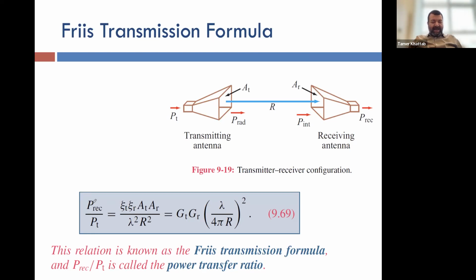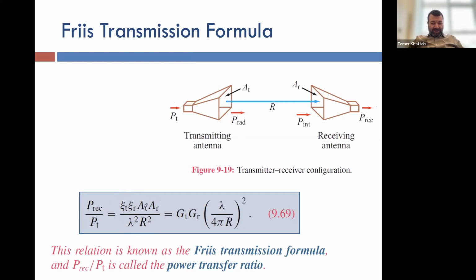And it says that the power received here divided by the power transmitted, input to the transmitter antenna, is equal to the efficiency of the transmitter multiplied by the effective area of the transmitter multiplied by the efficiency of the receiver multiplied by the effective area of the receiver divided by lambda square r square.